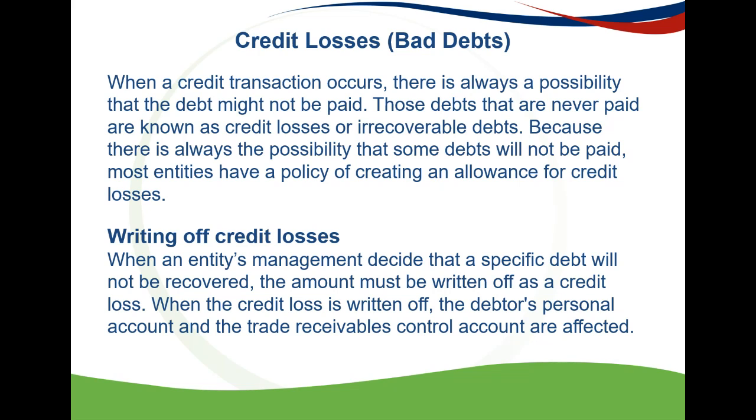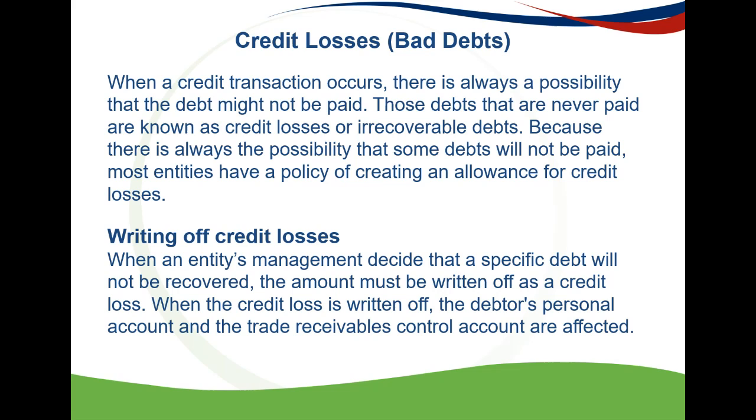Now, when a credit transaction occurs, there's always a possibility that the debt might not be paid. Those debts that are never paid are known as credit losses or irrecoverable debts. Because there's always the possibility that some debts will not be paid, most entities have a policy of creating an allowance for credit losses.